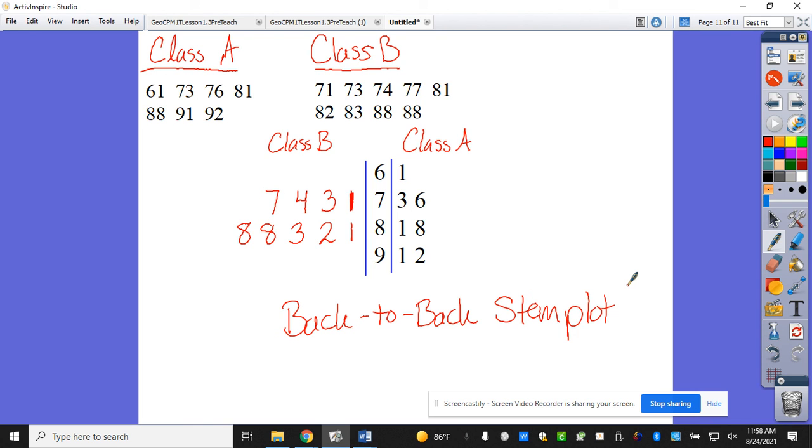A back-to-back literally puts them back-to-back. Where people get mixed up here is if I ask you to find the range of class B, some people accidentally use these numbers to find the highest and lowest, and it would not be, it would be these numbers. And you just have to make sure that you're thinking about it when you're reading it.